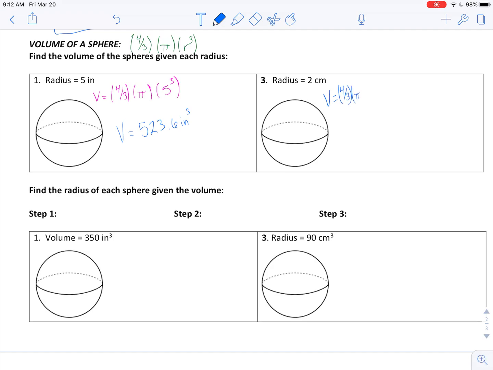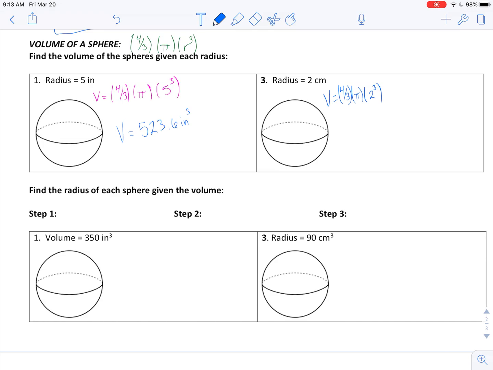All right, let's try the same thing here. So volume is 4/3 pi r cubed. Well, what am I given here? I'm given radius, and where is that radius going to go into my equation? Well, it's not going to go in for volume. It's not the volume. It's the radius.